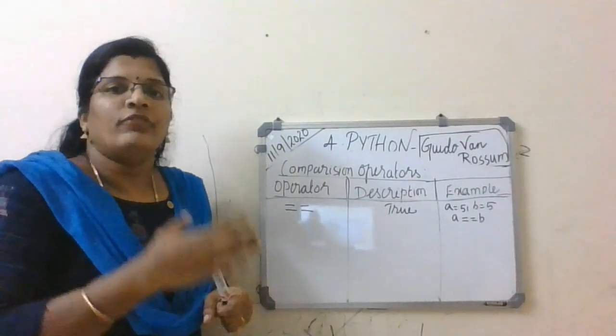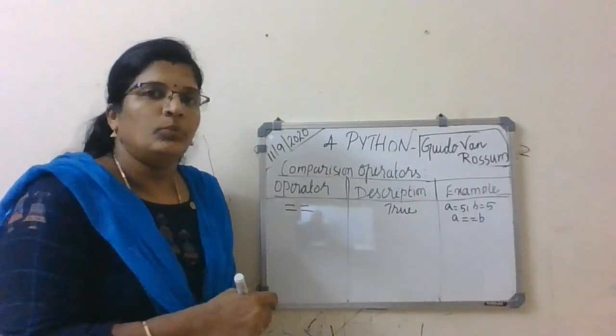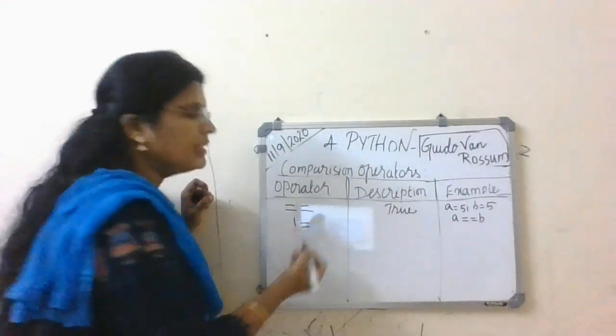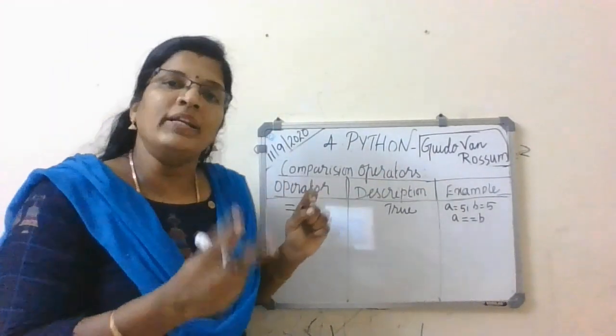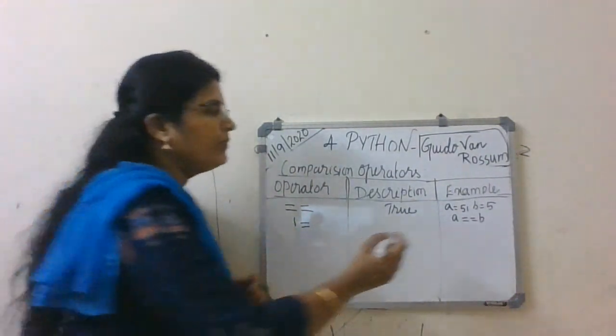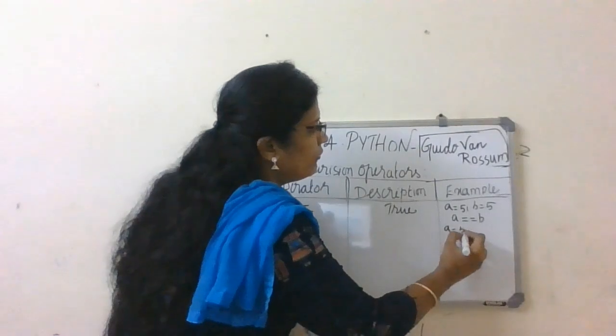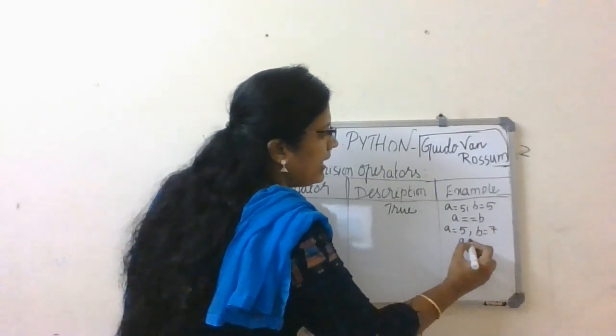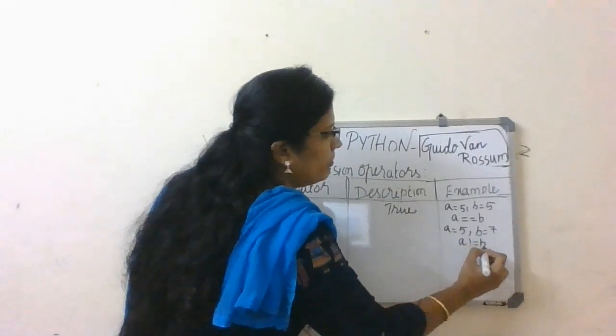If they are not equal, how do we specify that? If two operands are not equal, we specify it like this. Say a is equal to 5, b is equal to 7. So I can say a not equal to b.